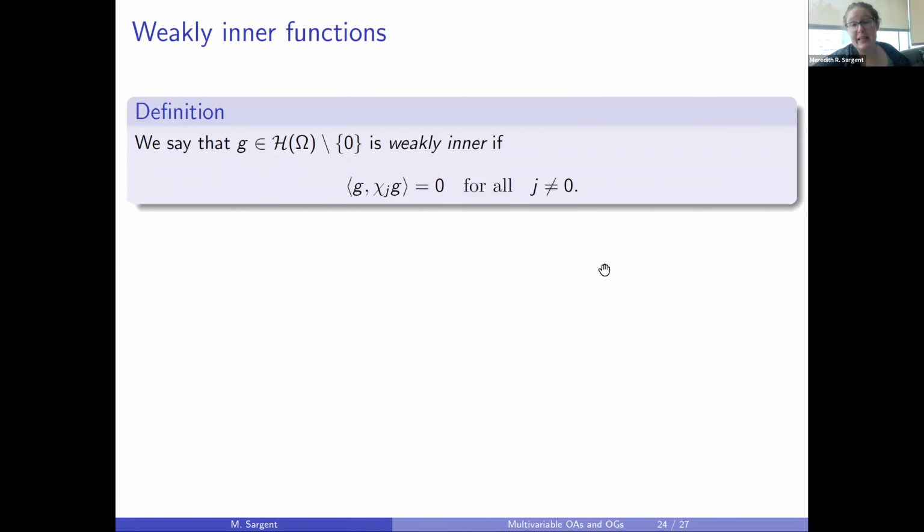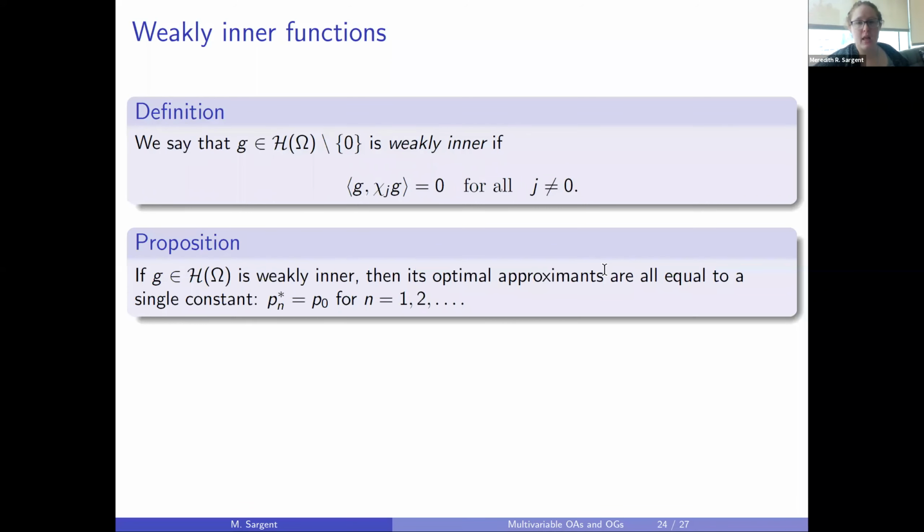These are what we call weakly inner functions. So here's our definition for weakly inner. You're saying it's weakly inner if you take the function and you inner product it with itself times a monomial, that gives you 0. This is, from the name, a weaker version of innerness, of an inner function. And when this happens, all of your optimal approximants are going to be equal to a single constant.